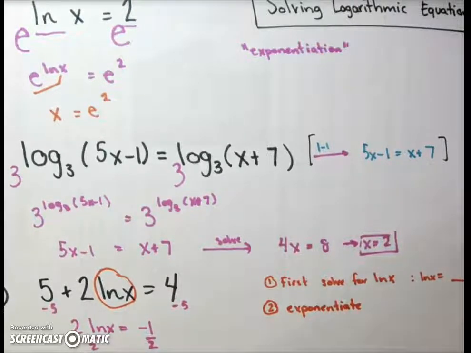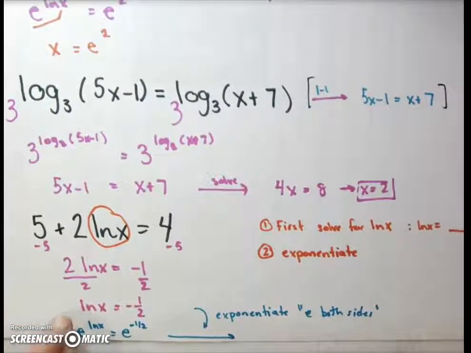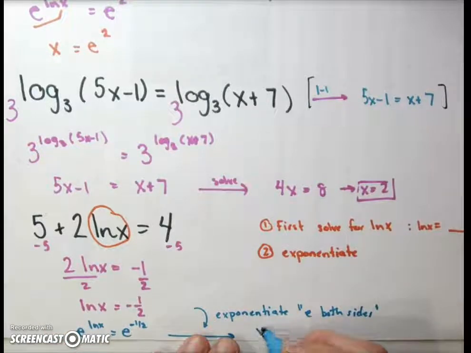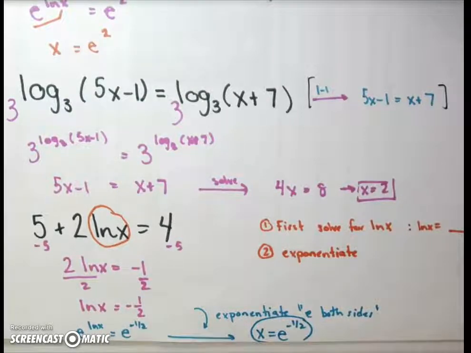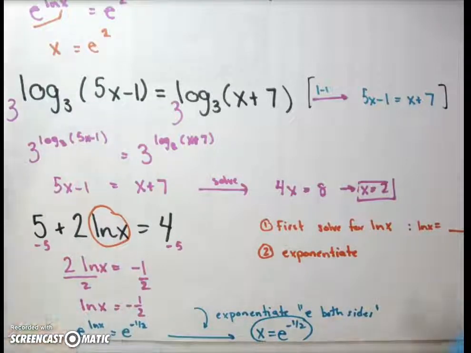So I'll get e to the ln x equals e to the minus a half, but e to the ln x, by the inverse property, that's just x, so x equals e to the minus a half. So first isolate the log term and then exponentiate.